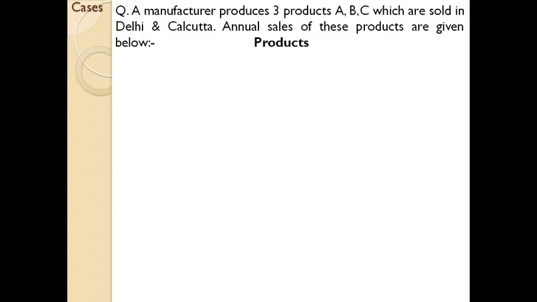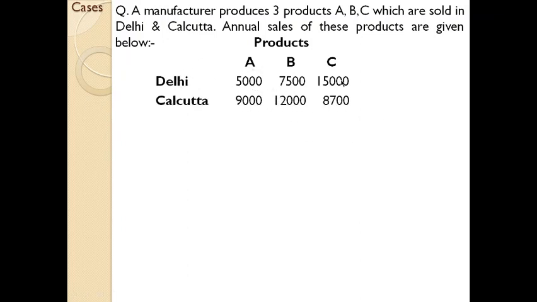In Delhi, the manufacturer is selling 5,000 units of A, 7,500 units of B and 15,000 units of C. In Calcutta, the same manufacturer sells 9,000 units of A, 12,000 units of B and 8,700 units of C.